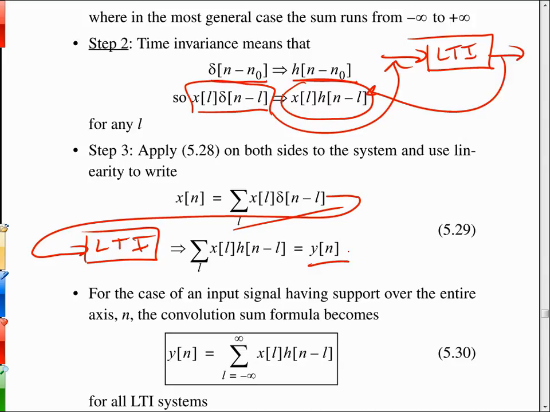And if you're wondering why the time flipping occurs on there, it's because when we originally expanded the input, we had to represent it as time-shifted versions of an impulse, delta of n minus L, and then when we applied the system operator to that, delta became the h of n minus L, and we were having to evaluate over all possible values of L that the sequence exists for.